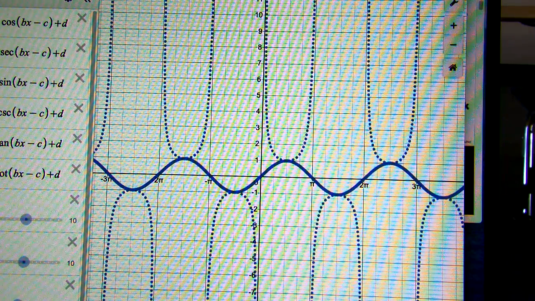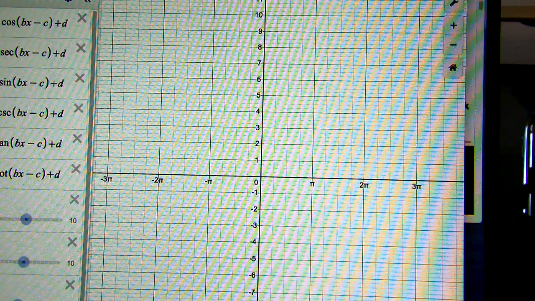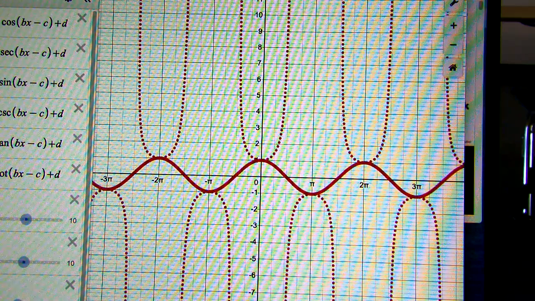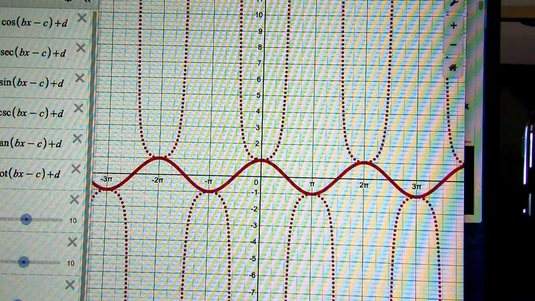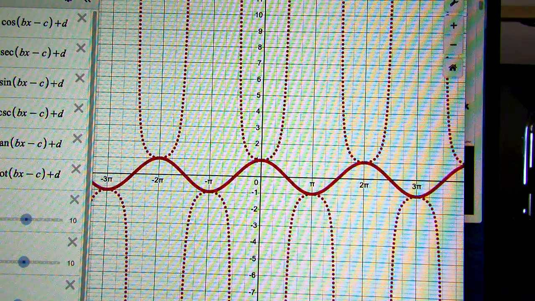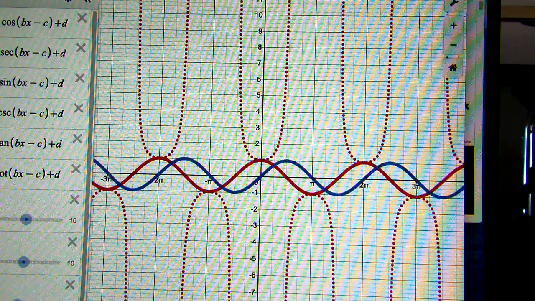Now watch what happens with cosine and secant. Same thing. Just in the same way that sine and cosine were the same thing, just shifted over a little bit, secant and cosine and sine and cosecant are related in the same way. We can even put them all on top of each other and see here.